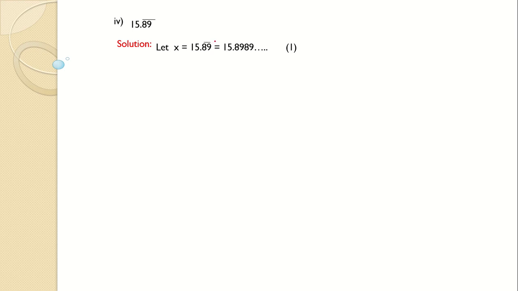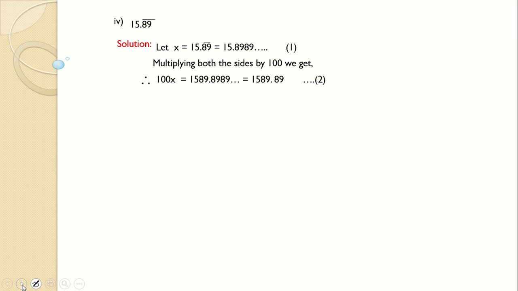15.89 bar. So this 898989 is recurring. So what do we do? Multiplying both sides by 100 now, since there are two places after the decimal point. So that becomes 100x is equal to, the decimal point will be shifted two places here, so that is 1589.898989 after multiplying by 100.